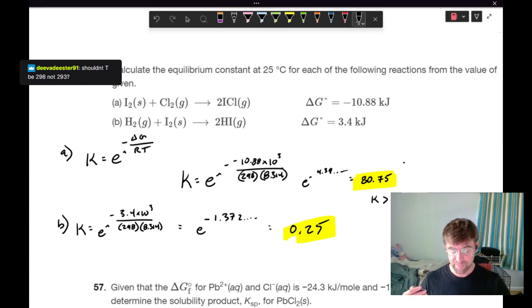So we have a K value less than 1, so it will not be spontaneous, which makes sense given the positive Gibbs free energy value that we have. So that tracks.